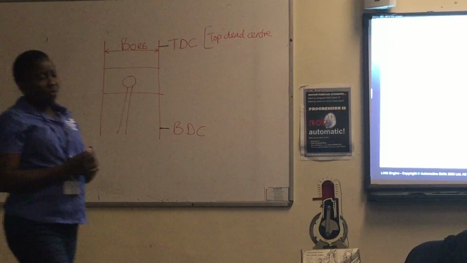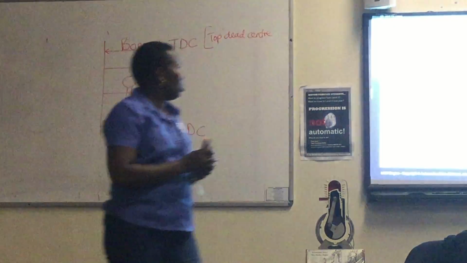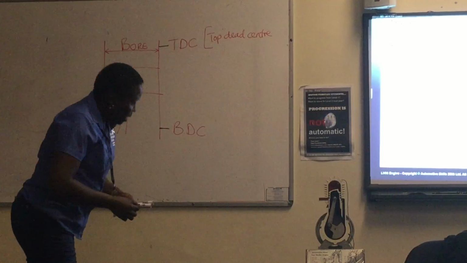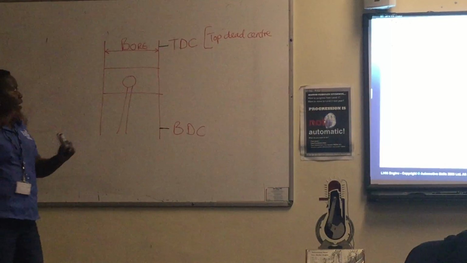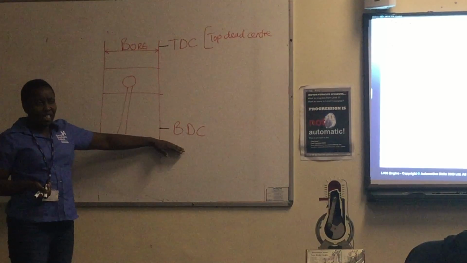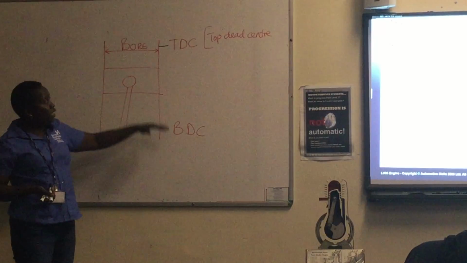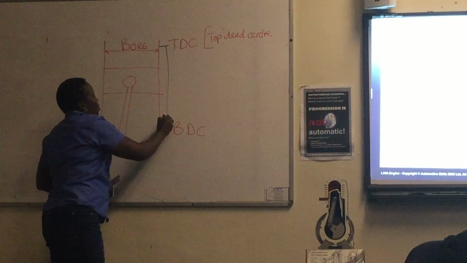Then next, we have seen that the piston goes up, down, up, down, as long as the engine is running. The distance moved by the piston from TDC to BDC, or vice versa, we call that distance stroke.